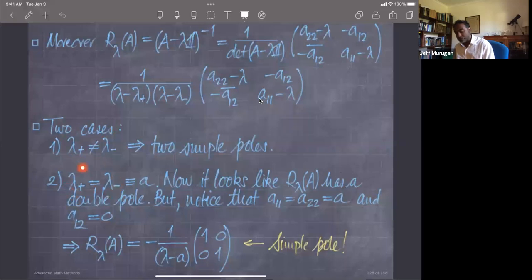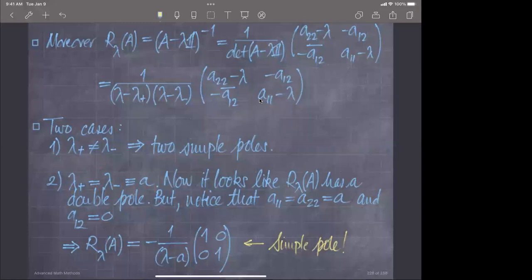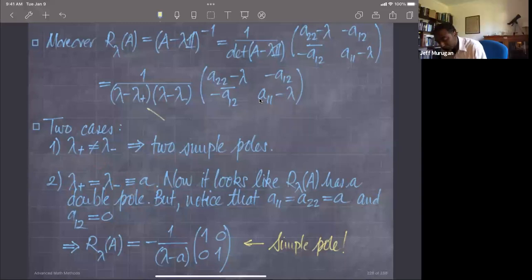What happens if lambda plus and lambda minus are both equal to each other? And I'm going to say, suppose they're equal to something called little a. In that case, this becomes 1 over lambda minus a squared.